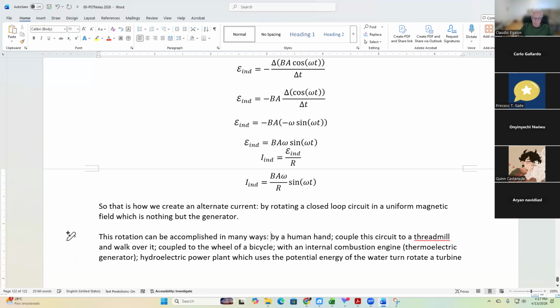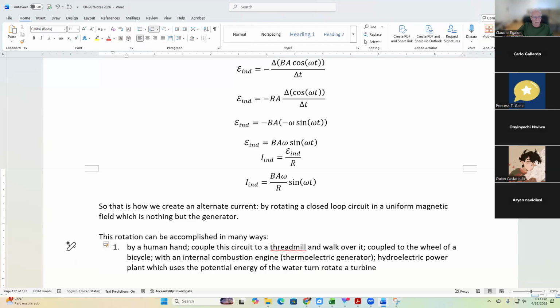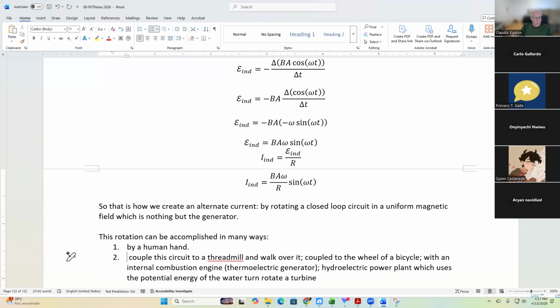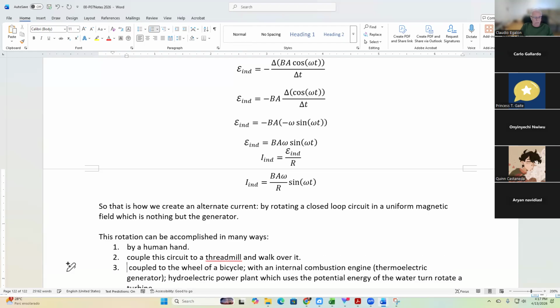Several ways. Here, I'm going to list them all. One, by human hand. Couple the circuit to a treadmill: you walk over the treadmill and you rotate the circuit. What else? Couple the circuit to the wheel of a bicycle.